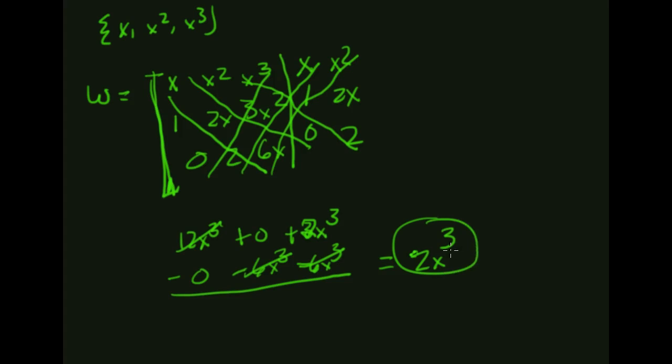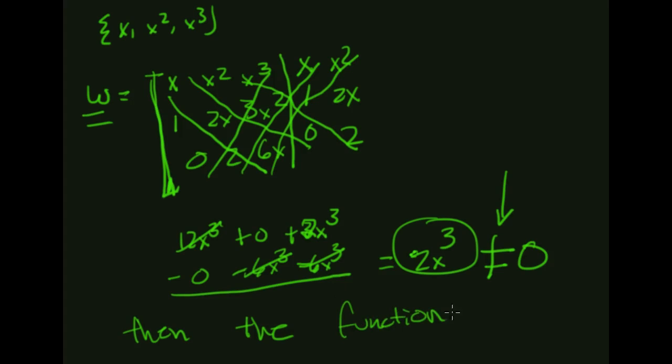All right. So what goes on here? This is another theorem. If the Wronskian is not identically 0, which here it's not, you can put some values for x in there that are not 0, then the functions that are being tested are linearly independent.